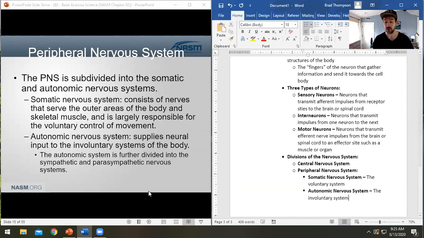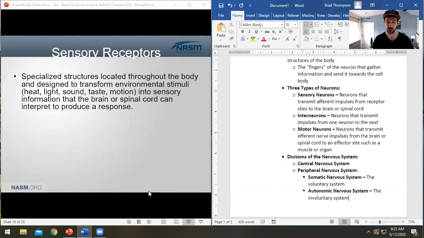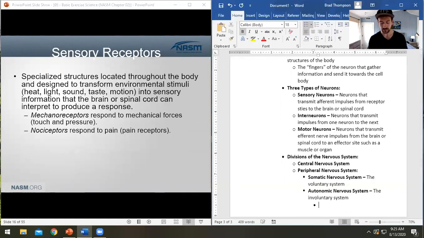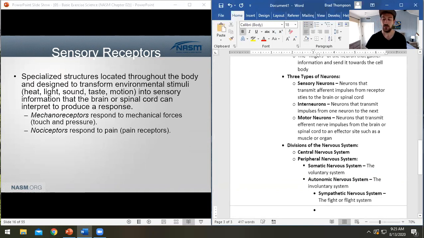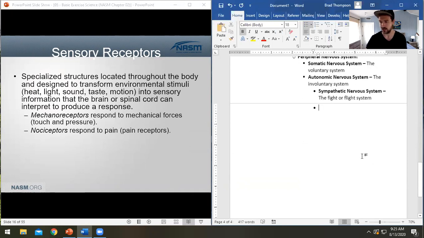And then the autonomic nervous system is split into two different versions, right? It's going to be split into the sympathetic, which is the fight or flight system that we mentioned, right? So like sweating, for instance, is an example of a sympathetic reaction because that's sort of a panic reaction, right?